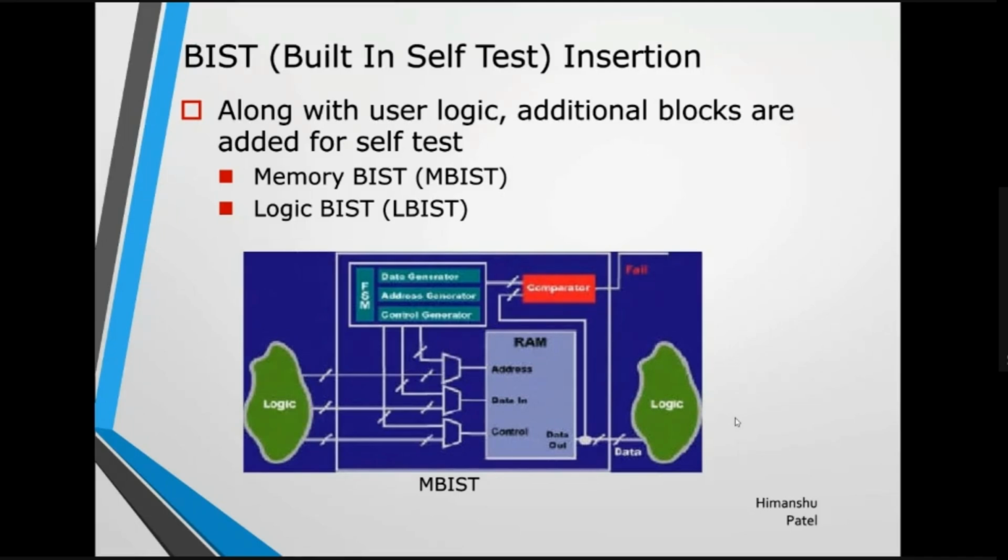We will learn this concept in depth in our DFT sessions going forward, but just an introduction I'm trying to do here. There are two types of built-in self-test mechanisms which we can do. One is memory-based, and the other one is logic-based.